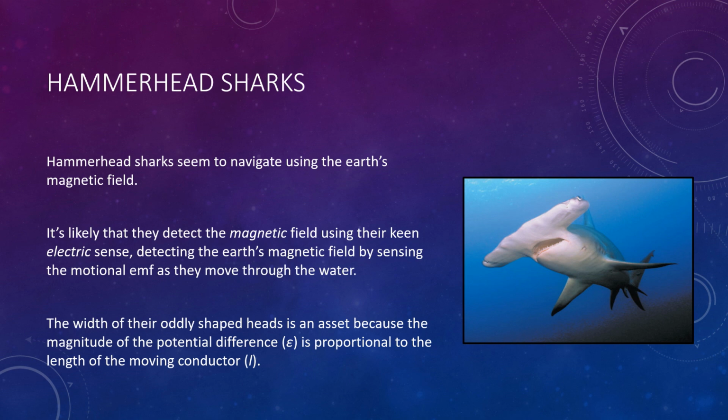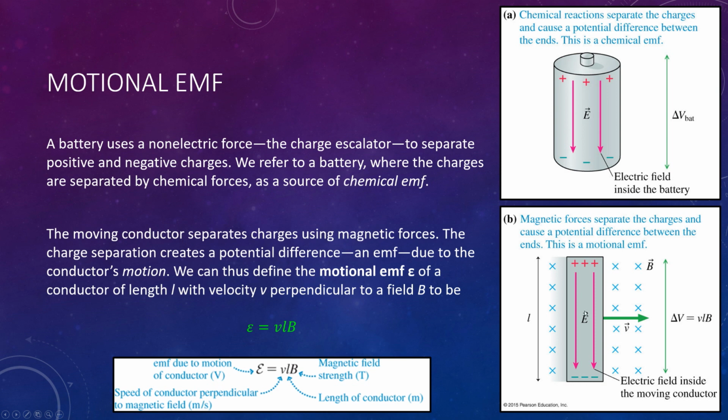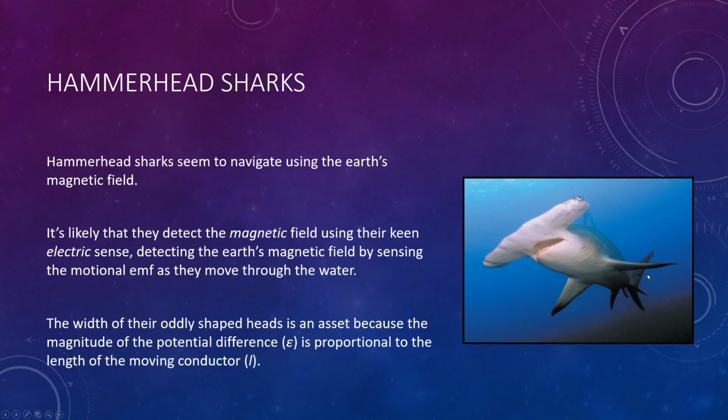It's roughly rectangular in a long sense, so you could think of this as being our conductor that is moving through a magnetic field, just like we saw here. Just pretend this is the head of a hammerhead shark. So here they are moving as a conductor through the Earth's magnetic field, and we have the same situation.